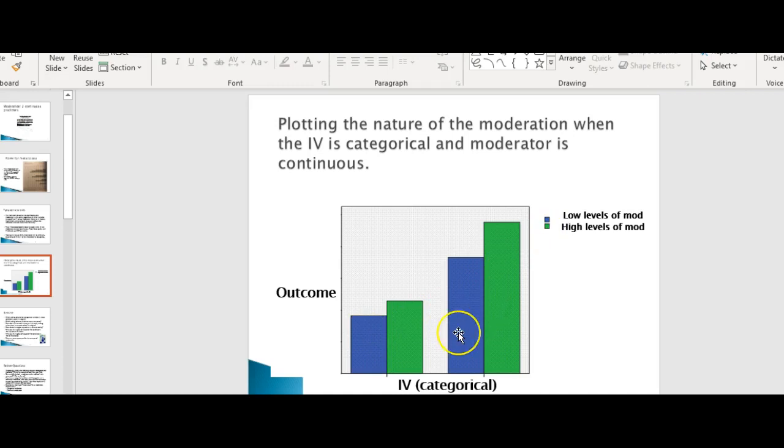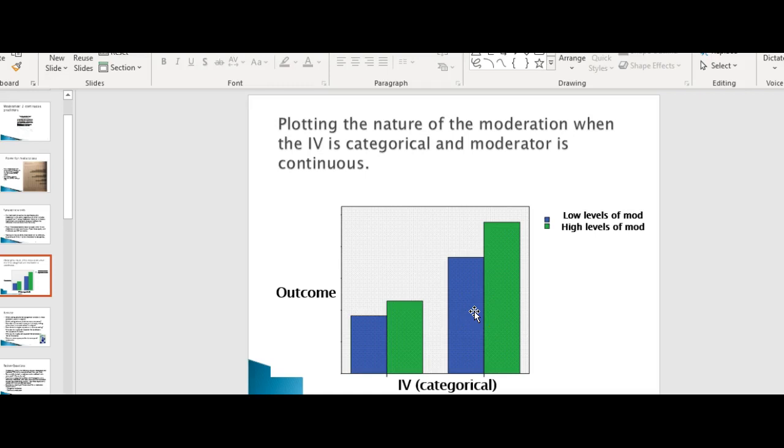And so we can see that there's probably a main effect for the IV, meaning that the experimental condition produces more, for both high and low levels of the moderator. It yields more of the outcome, whatever that is. But we don't expect to see the same difference at the high and low levels. So this difference is fairly small in the placebo group, control group, and then it's wider. That gap is widening in the experimental condition.